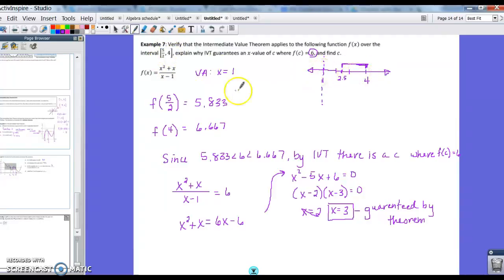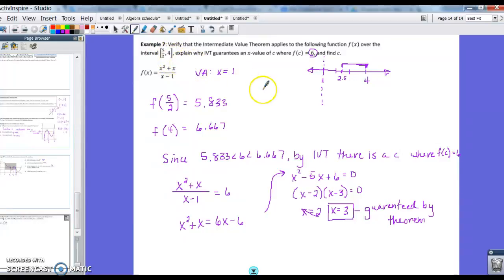So we know it's continuous within that given interval. The intermediate value theorem says that if you have an x value or a c value within this given interval, you are guaranteed an output value that is between the outputs of your interval.